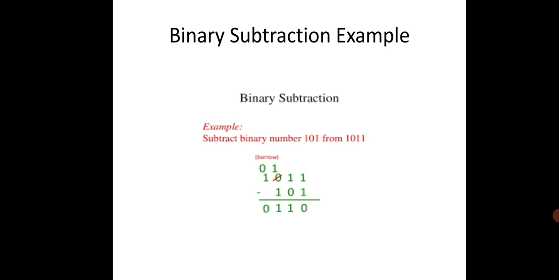So this 1, there is 1 borrow, so 0. So 0 1 1 0, it is your binary subtraction answer for the binary numbers 101 and 1011. In this way you have to solve the binary subtraction. Any type of binary numbers can be given for addition and subtraction methods.